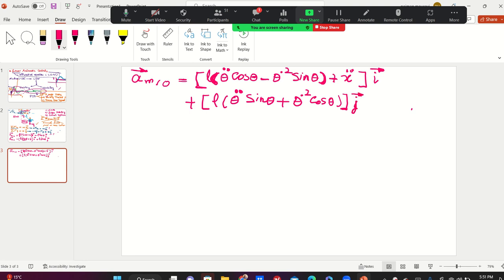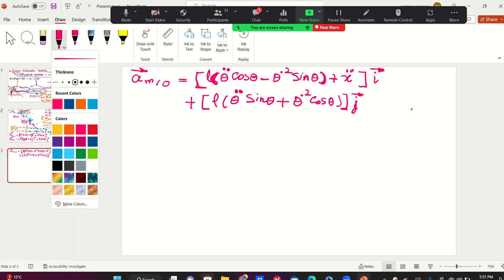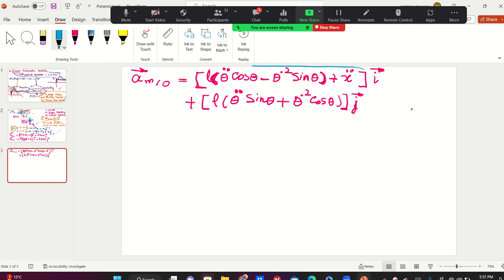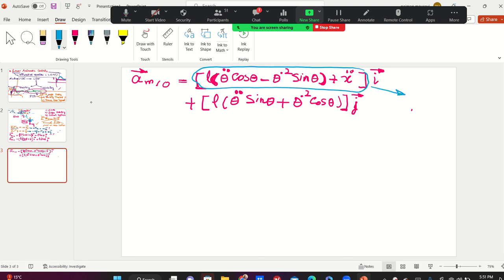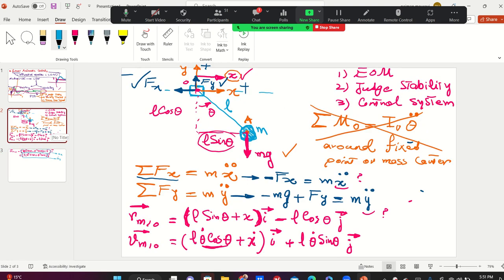This is the algebra, guys. So now, having that, we found the acceleration in x direction, this is ax, and this is ay, or y double dot. X double dot, y double dot.